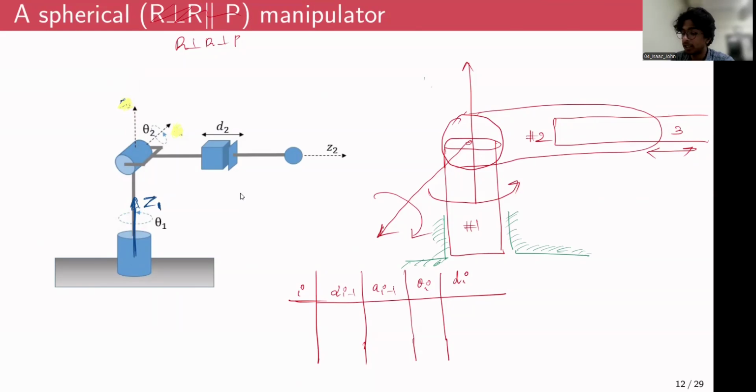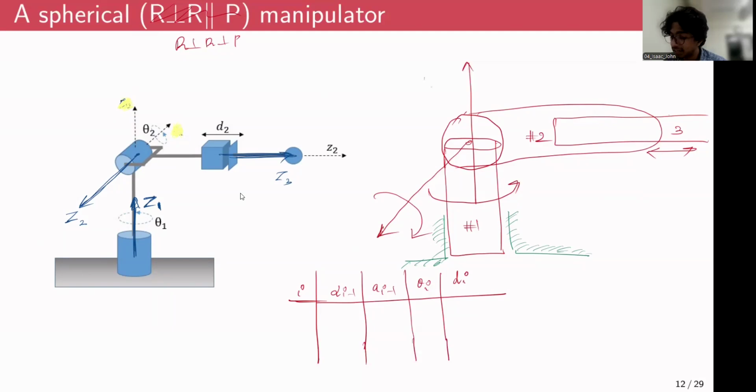And now for the second joint, since the second joint is coming out of plane or perpendicular to the plane, I'll attach the second joint here, like so. Z2. And the third joint, since this is a prismatic joint, I'll attach the third joint, maybe something like this. Z3, along the prismatic axis. And now what can we do about the x-axis?